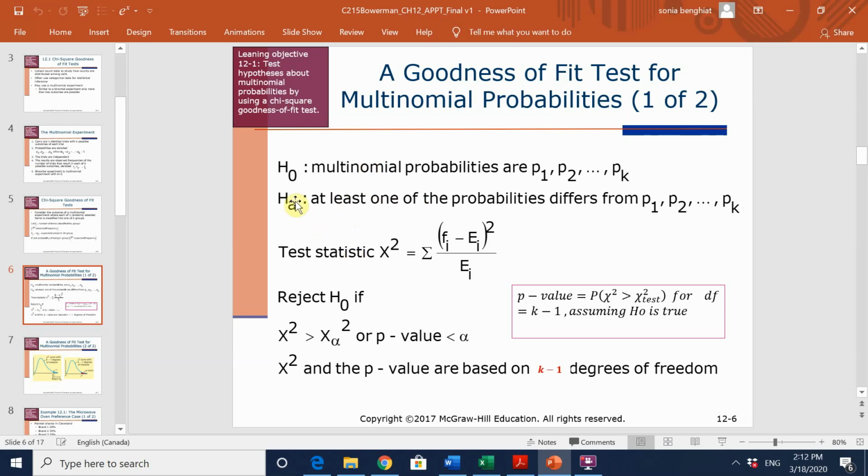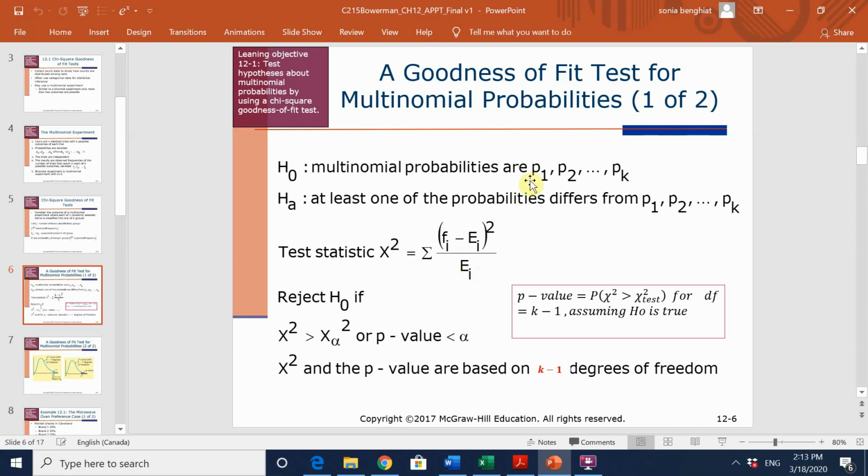Then, of course, in order to test whether the null hypothesis is true or not, we will have to conduct a test, right? So to do the test, we need to have a test statistic. The test statistic will be computed in the following way. This is in fact a chi-square test statistic, which is basically comparing observed frequencies for category i minus expected frequencies for category i, and this difference is squared and then divided by the expected frequency for category i.